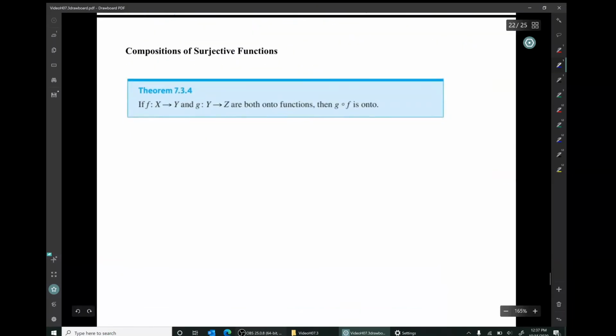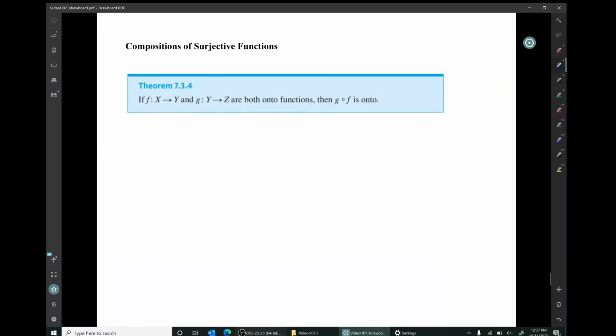Let's go on. Compositions of surjective functions. If f and g are both onto functions, both surjective, then g circle f is onto, is surjective. Let me give a diagram for that.